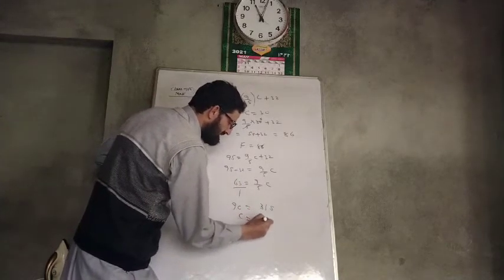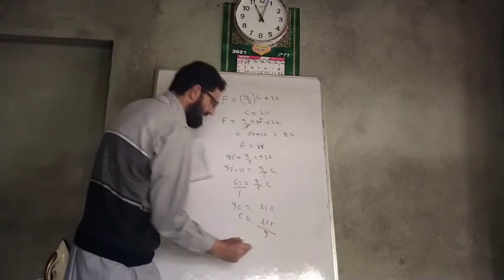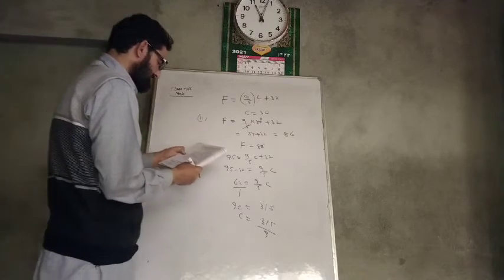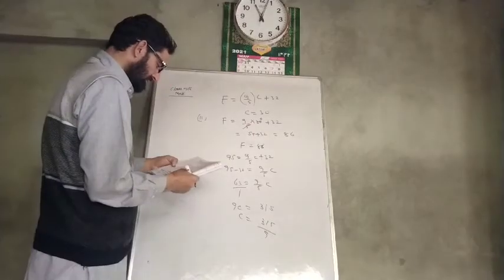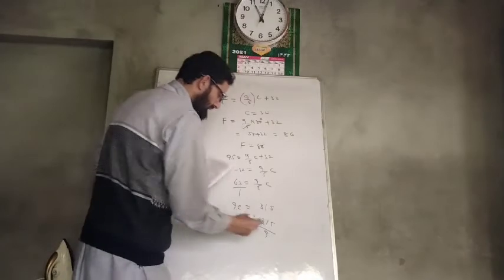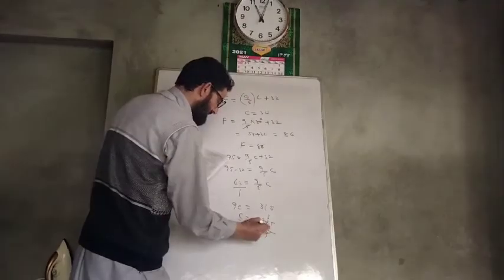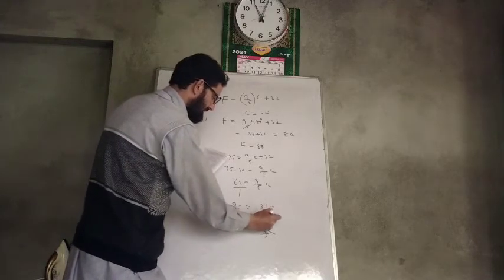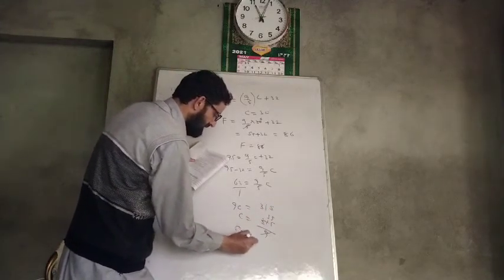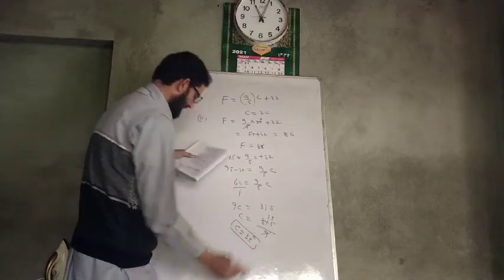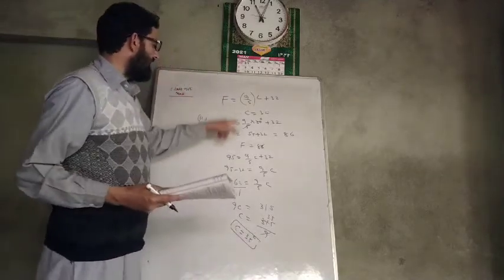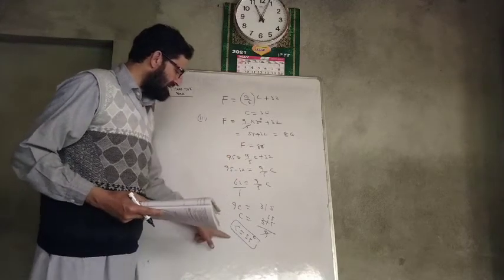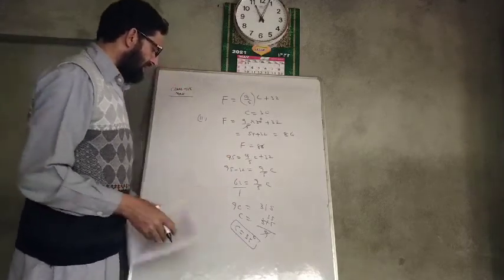And what is C? C is 315 divided by 9. 9 3s are 27, 9 5s are 45. So C is equal to 35 degrees. So when F is equal to 95, C came out equal to 35.